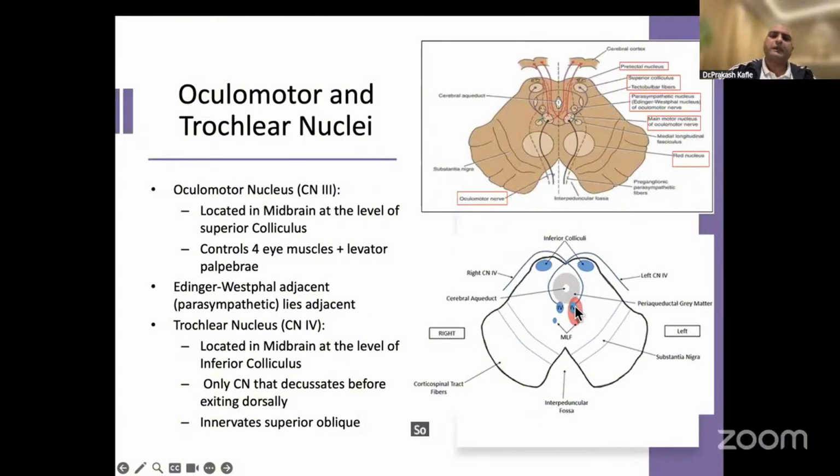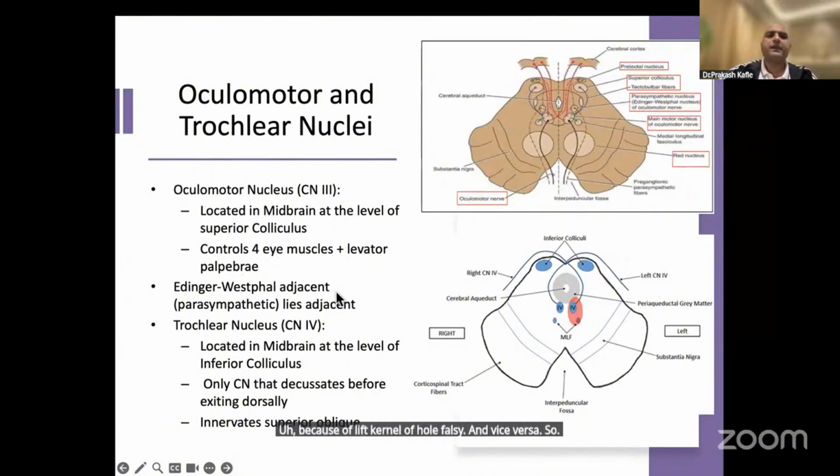So the clinical feature, though not that significant in day-to-day practice, is that if there is a right-sided fourth nerve nucleus pathology, the patient will have the symptom on the left because of left fourth nerve palsy, and vice versa.